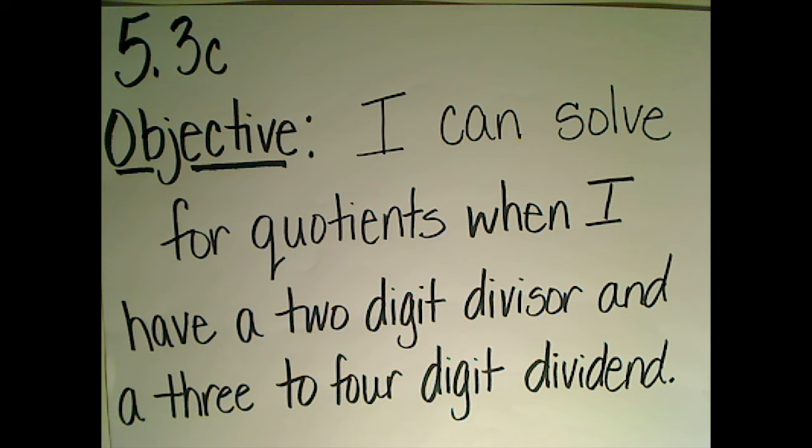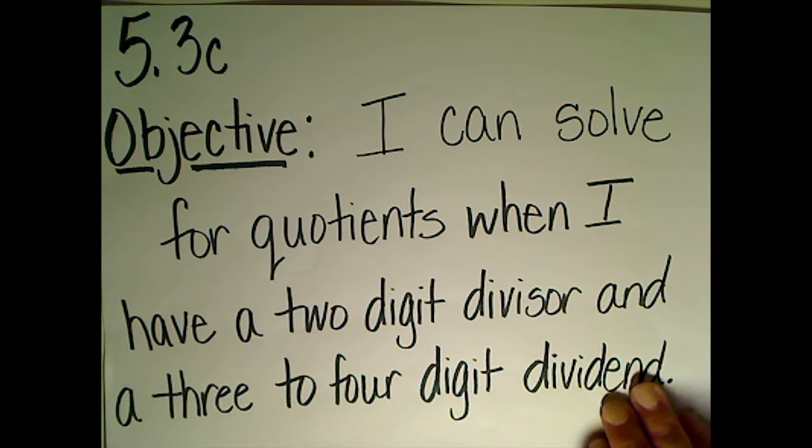So your objective is: I can solve for quotients when I have a 2-digit divisor and a 3 to 4-digit dividend. By the end of this segment and this unit, you should be able to, as a 5th grader, solve for a quotient when your divisor is 2-digit and your dividend is either a 3-digit or a 4-digit number.